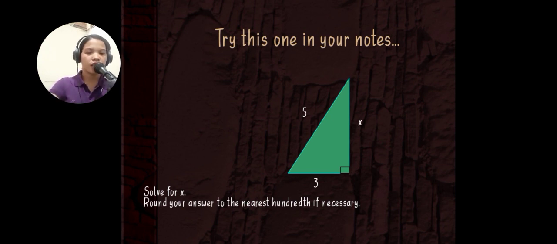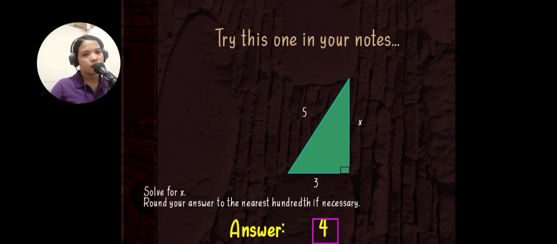So, we have the square root of 5 squared minus 3 squared is equal to, so the answer is 4. This scenario belongs to scenario number 2. You have the hypotenuse and one side given, and you need to find the other side.